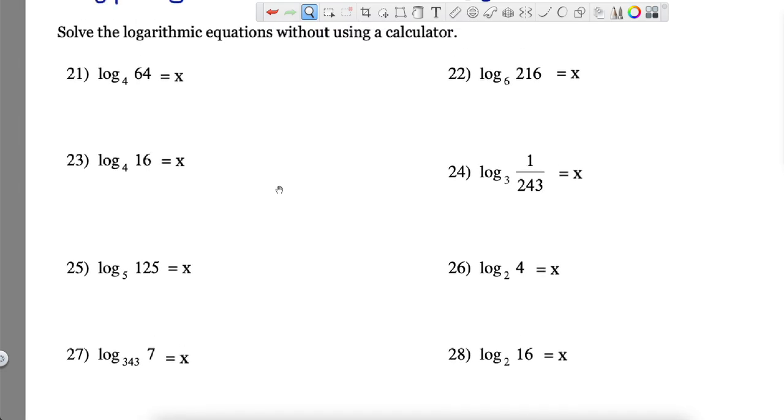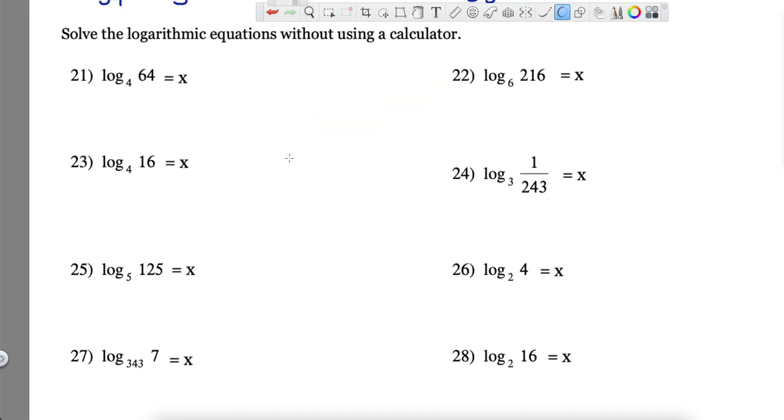Let's have a look at solving now. No calculator. Log base 4 of 64 is x. So we're saying 4 to the x power is 64.